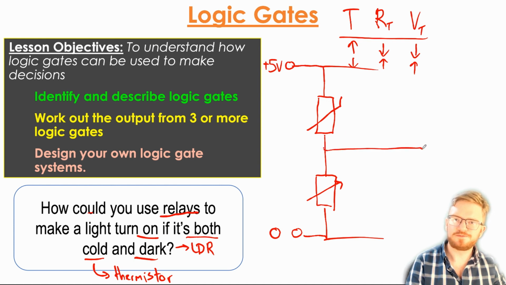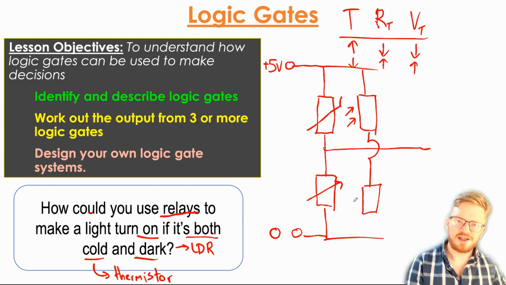I also want something that will switch on when the light level is low. So for that, I'm going to need an LDR. And again, just so it's configurable, I will also need a variable resistor. Now for this one, I can say when the light level changes, how will that affect the resistance of the LDR, and how will that affect the voltage of the LDR?